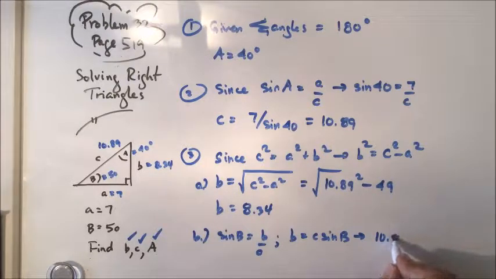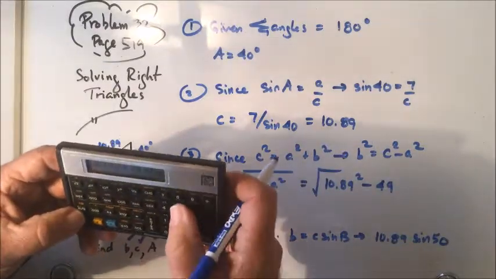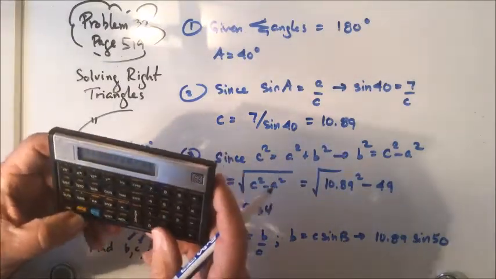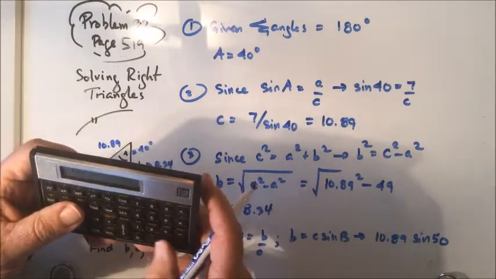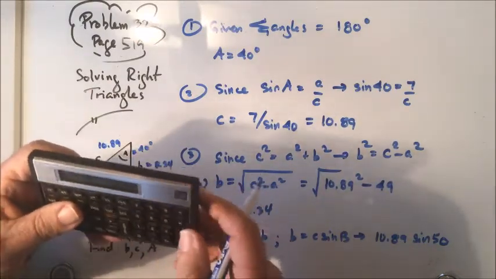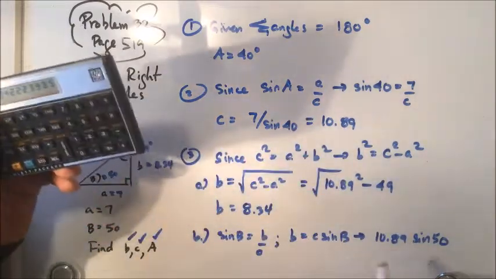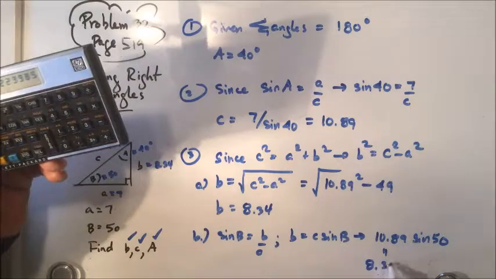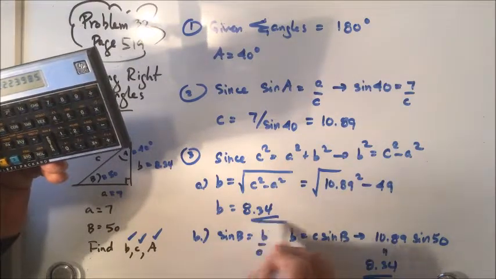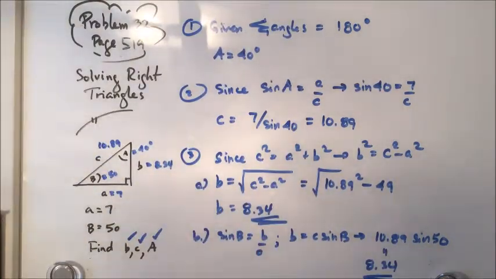Yeah, 10.89 times the sine of B. B was 50 degrees. If I'm actually going to work it out just to show you that I'm a little paranoid sometimes, there's the 50, here's the sine, multiply by 10.89. I almost can't bear to look. Oh no, sure enough, it turns out to be 8.34, one way or the other.